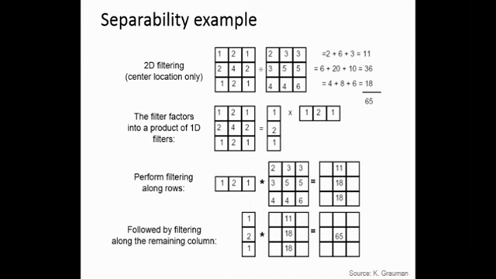If I've got, say, a 25 by 25 filter, and I can break it up into a 25 by 1 and a 1 by 25 filter, then my computational time is on the order of 25 plus 25, so 50, times the number of pixels. Whereas if I keep it in the original 25 by 25, then it's on the order of 625 times the number of pixels, which is 25 times 25. So especially for larger filters, if you have a filter that's separable, it's much more efficient to separate out the 1D filters and then filter sequentially.